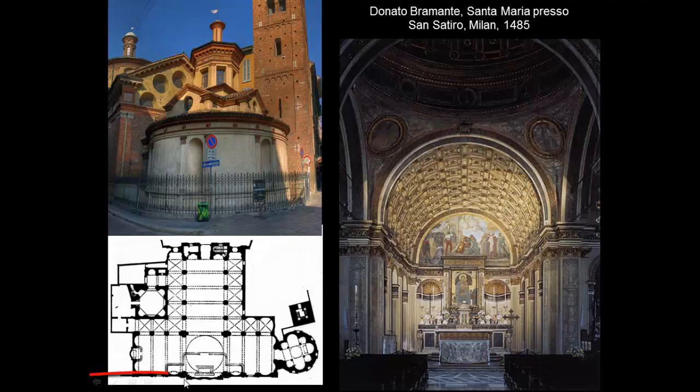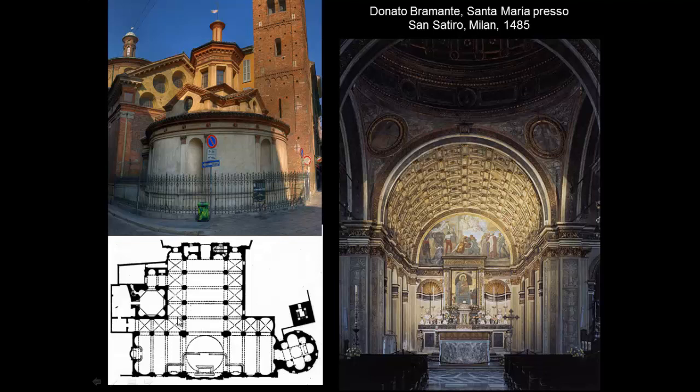Look right here, that is the extent of the recession. So everything you're seeing in the image on the right is an illusion. He uses perspectival techniques to make it look like an actual extension of space, when in fact it's just illusionistic stucco and recession.